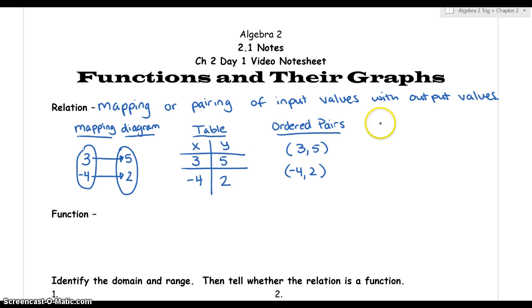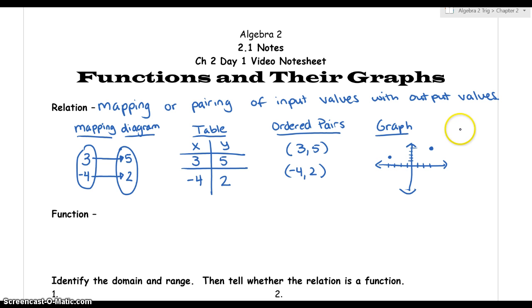From the ordered pairs, we can graph it. We put it on the x and y coordinate plane. So we are going to plot 3 and up 5. Here's one of them. The other one is -4 to the left and up 2. So here's the second. That's the graphing of our relation.